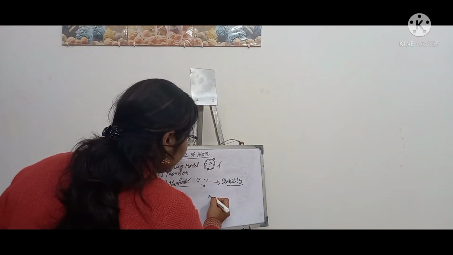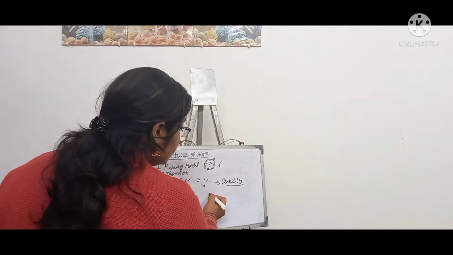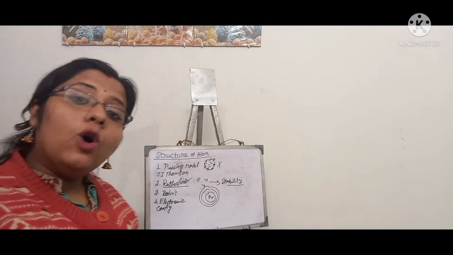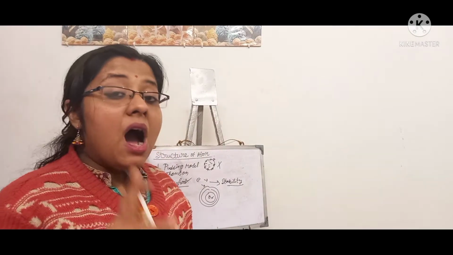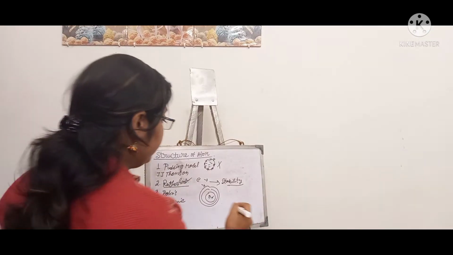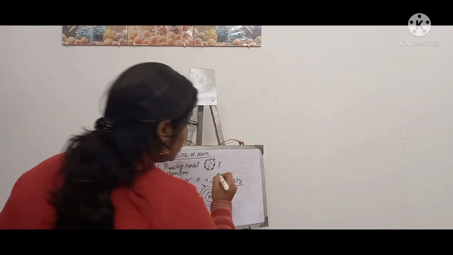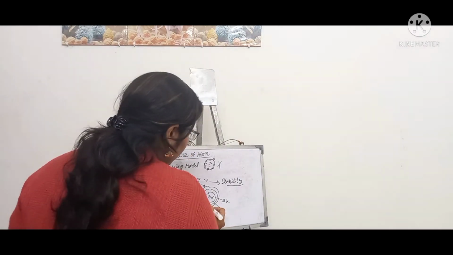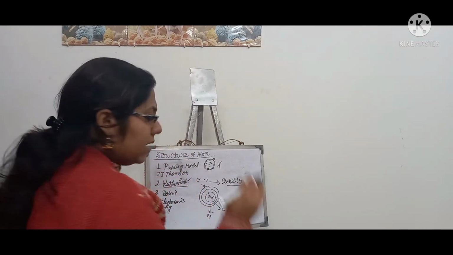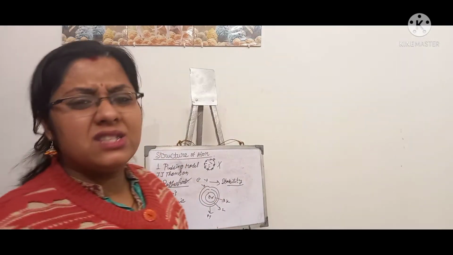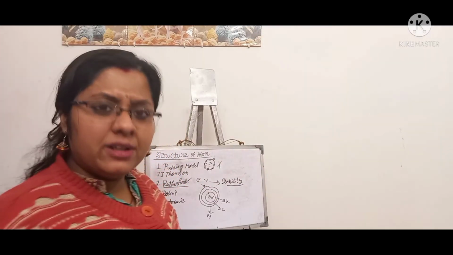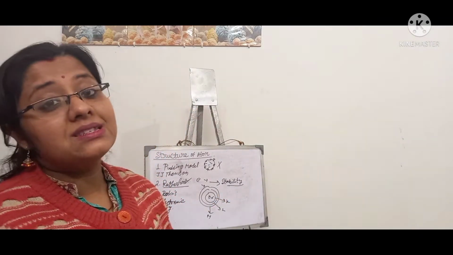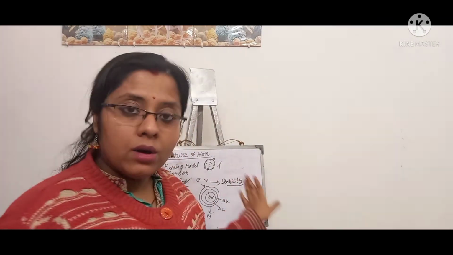This is the nucleus. Around the nucleus, these are called orbits or energy levels. The first energy level is K, the second energy level is L, the third energy level is M, then the fourth is N, and so on. The energy levels are increasing. But the first orbit or first energy level is named K, right?